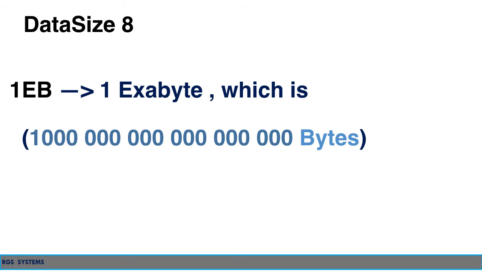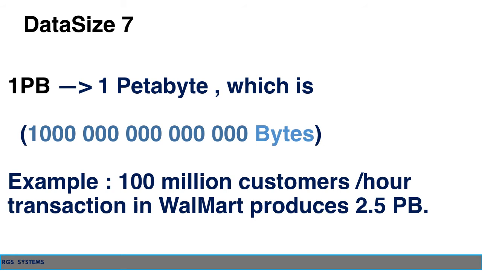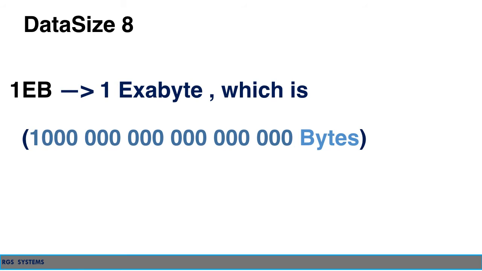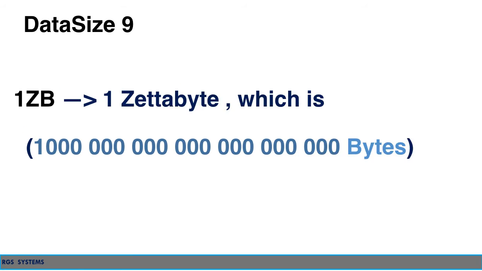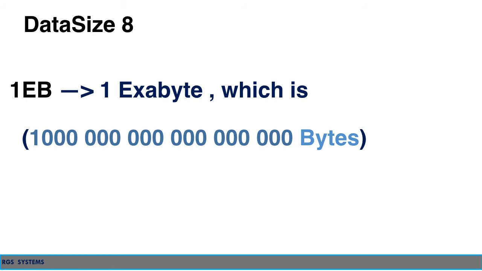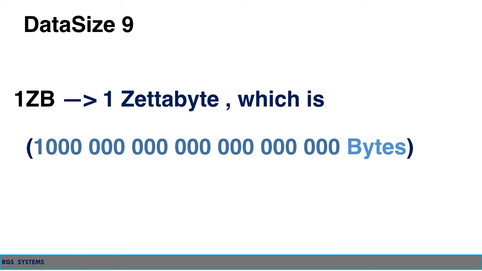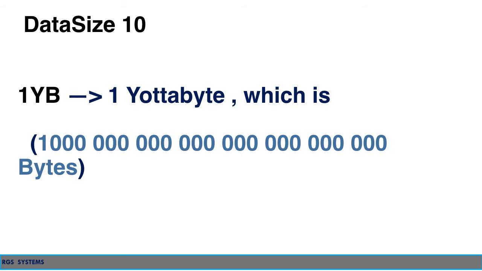So let's go to the next one, 1 exabyte. You could see the zeros in terms of bytes representation. 1 exabyte is 1000 petabytes. If you still want to represent more data, you go to 1 zettabyte, with 3 more zeros added to the exabyte. And 1 yottabyte is equivalent to how many bytes?